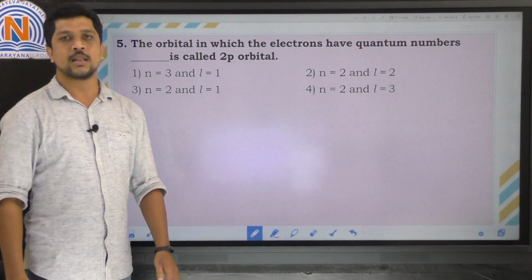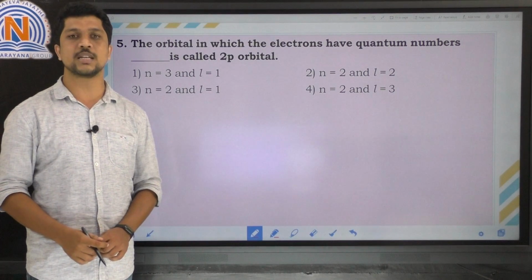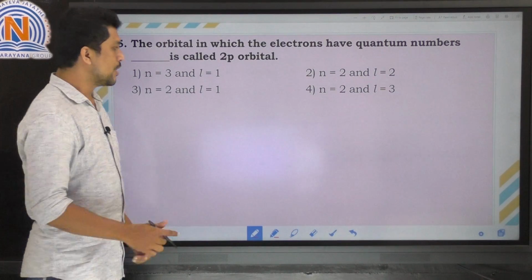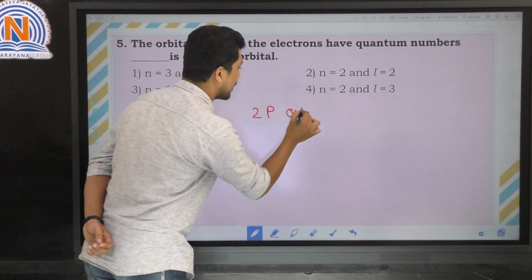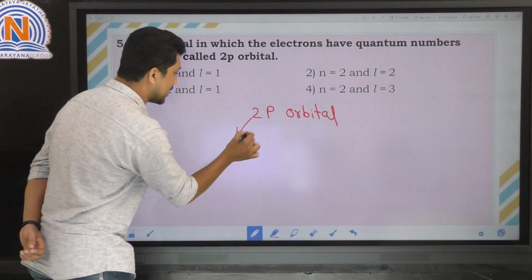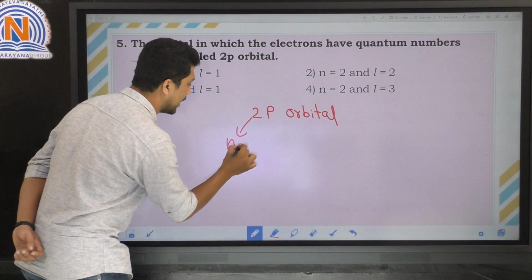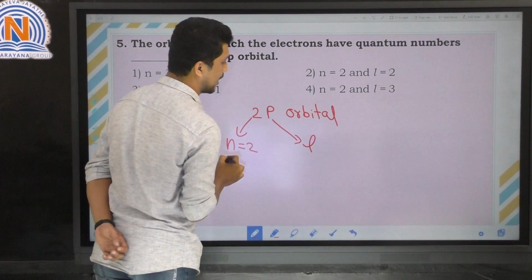Here the question: the orbital in which the electrons have quantum numbers dash is called 2p orbital. It is the same as the previous question, 2p orbital, right? The 2 indicates the principal quantum number, that is small n equal to 2, and p is the azimuthal quantum number l, right?